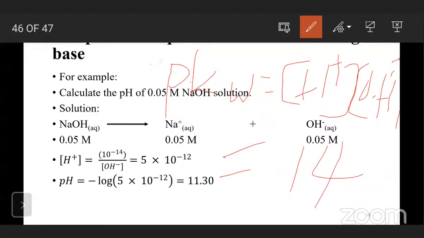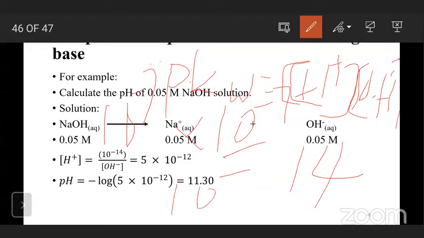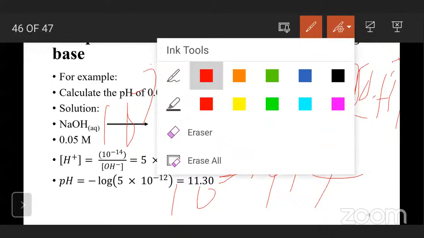How is it 14? You can do the mathematics yourself. Concentration of the hydrogen ions for water is 10 raised to power minus 7. For hydroxide ion also it is 10 raised to power minus 7. If you put the two together, you have 10 raised to power minus 14.